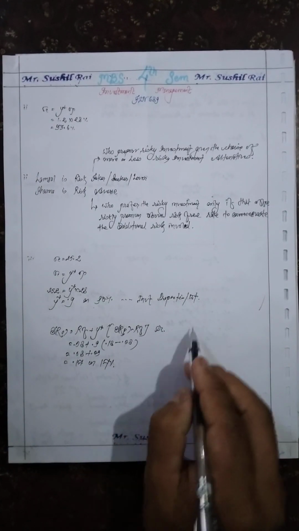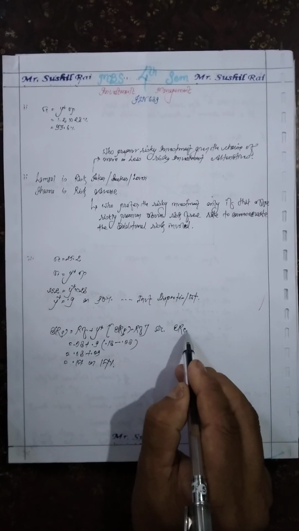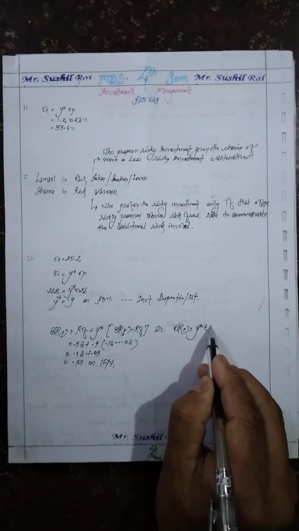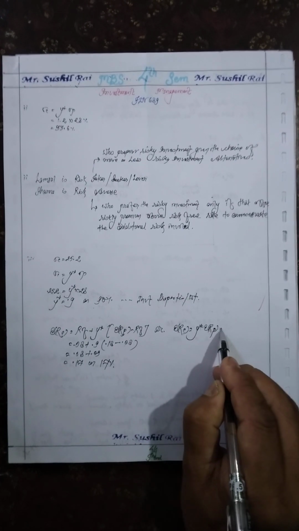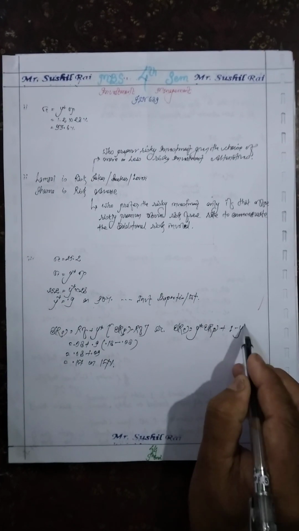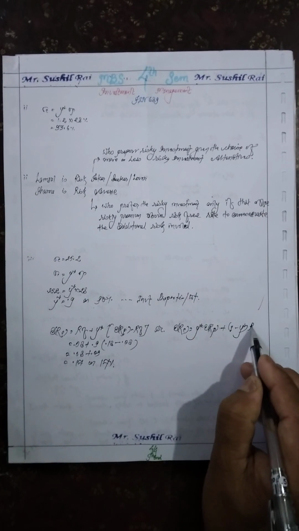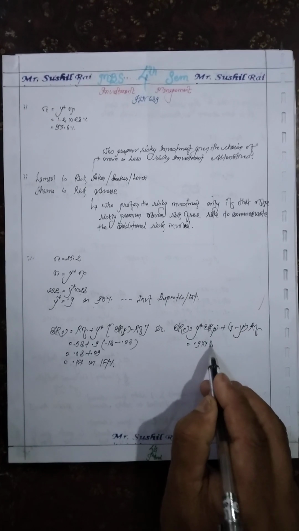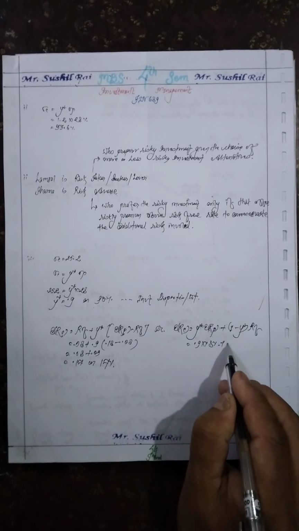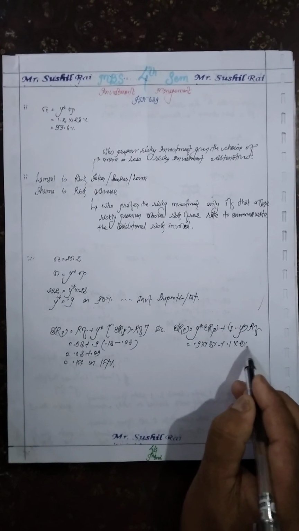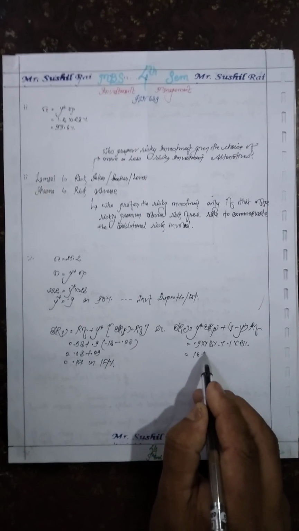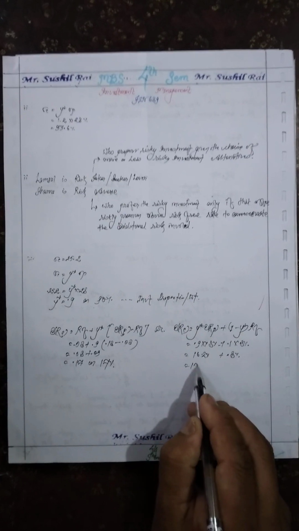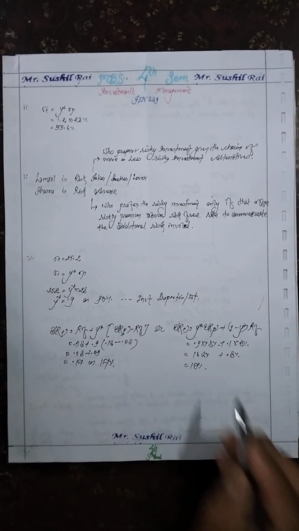Or ERC is equal to Y* ERP plus (1 minus Y*) RF, 0.9 times 18% plus 0.1 times 8%, is equal to 16.2% plus 0.8%, is equal to 17%.